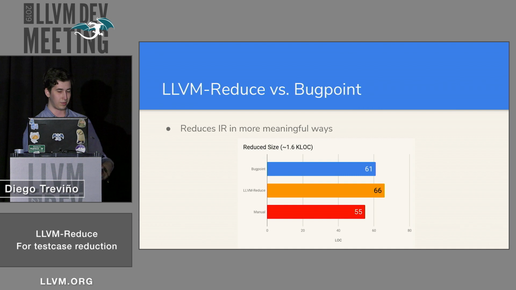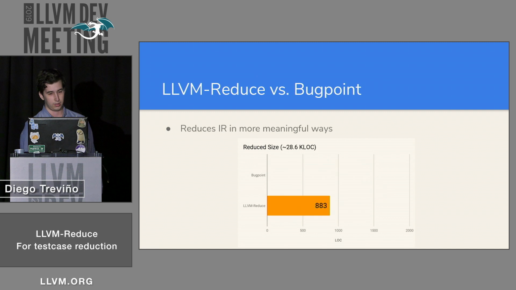But once I inspected the code, it was just a bunch of unreachable basic blocks, which really isn't interesting. So as you can see, LLVM-Reduce really got close to the manual reduction. Still some optimizations to be made, so there's a lot of room for improvement, but pretty good reduction.